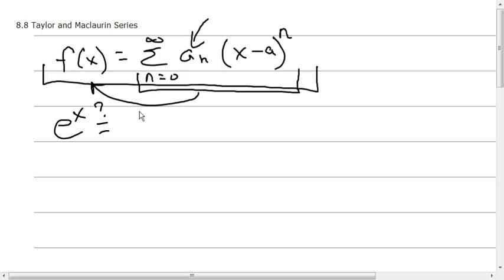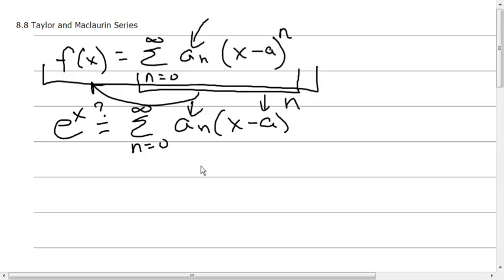Can we create some kind of power series for this thing? If we only knew what values to plug in here, we could have a way of calculating e to the x, or cosine x, or whatever. And that's what the Taylor series is. To actually answer the question, can we do it for a particular function, we have to wait till next section. But we can look at this problem right now and see how we would go about building a Taylor series.